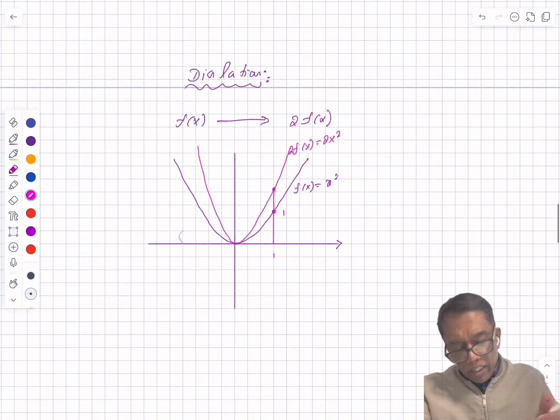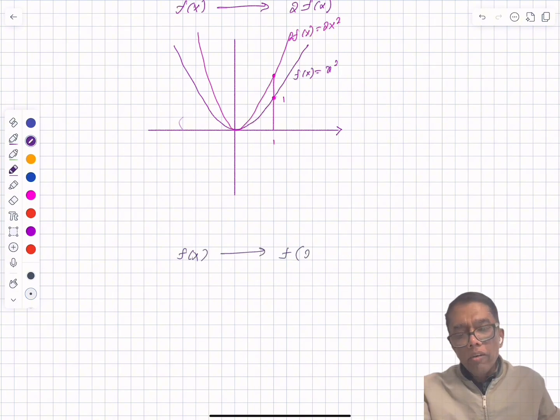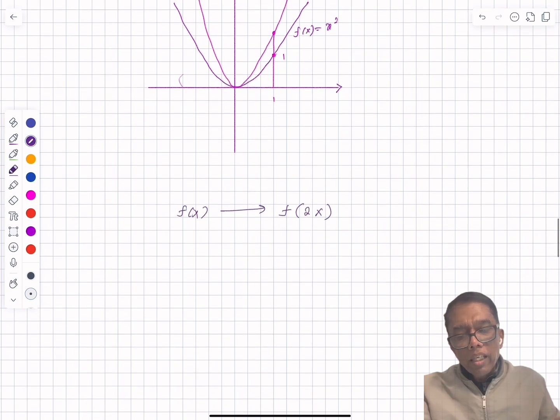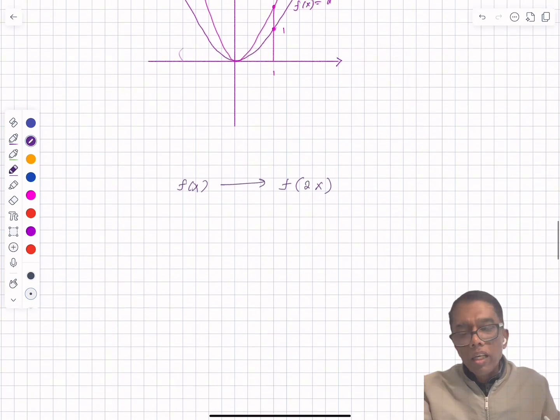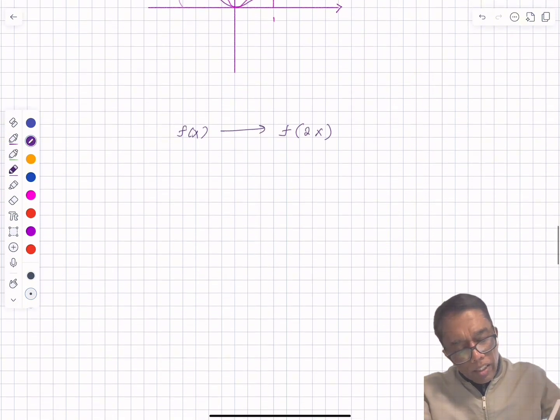Okay, next one, f(x) goes to f(2x). What is this? Actually, this is a horizontal compression. How do you do that?